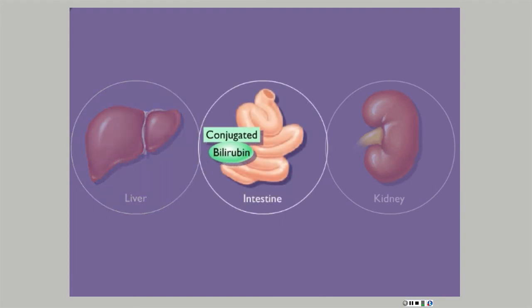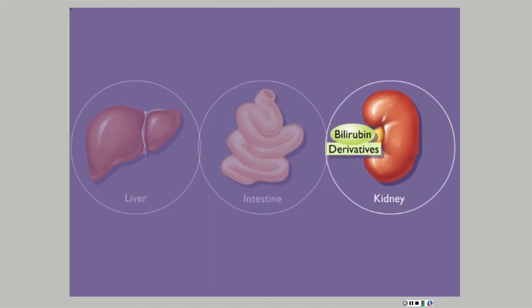Now it's part of the bile, secreted into the small intestine. Now some of it actually gets reabsorbed in the blood and the kidneys remove it, but most of it leaves the body in the feces.